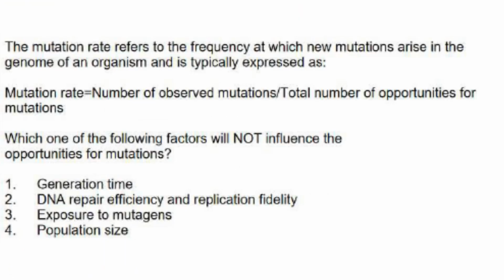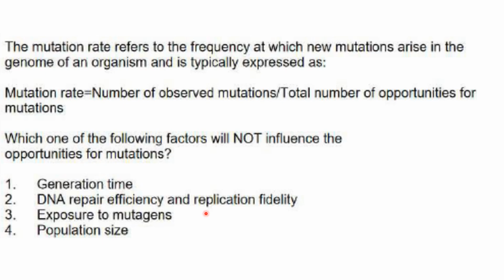Then next one. The mutation rate refers to the frequency at which new mutations arise in the genome of an organism and is typically expressed as mutation rate equals number of observed mutations divided by total number of opportunities for mutation. Which of the following factors will not influence the opportunities for mutation? Generation time. Yes, species with shorter generation time have higher mutation rate, so that will influence.